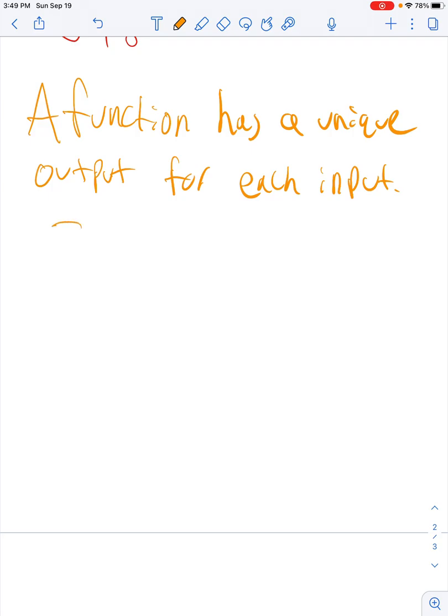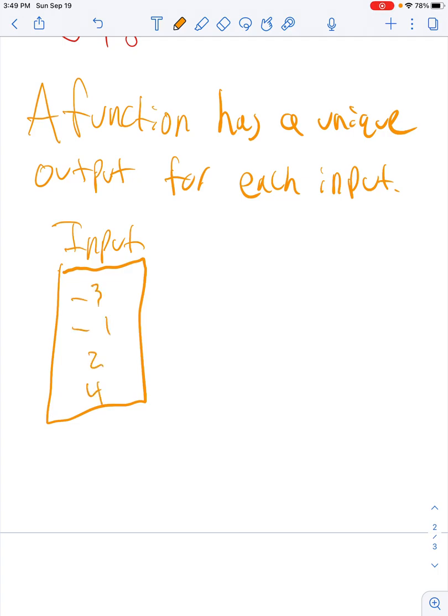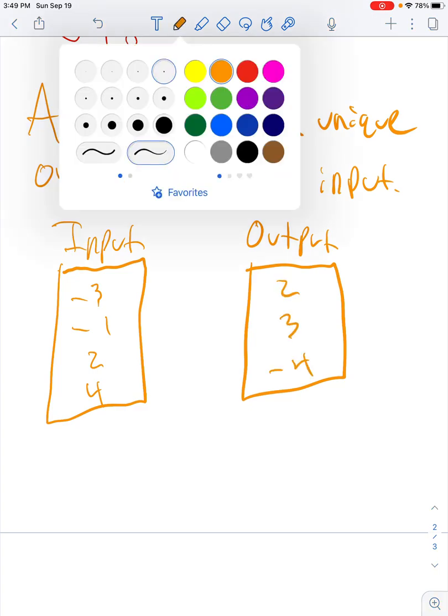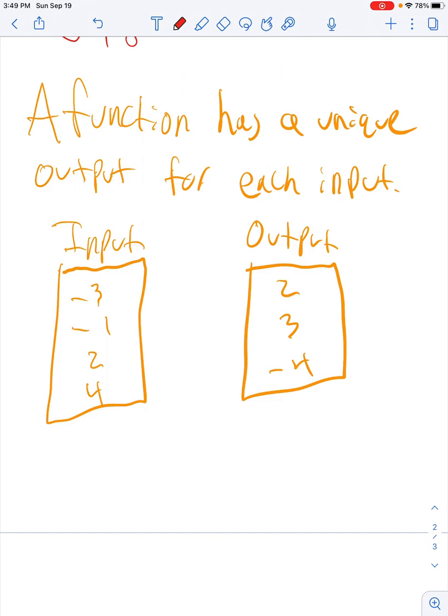So if we look at the mapping diagram, okay? So let's say we've got -3, -1, 2, and 4. Our outputs might be 2, 3, and -4. So, for example, let's say I input -3, I get an output of 2.